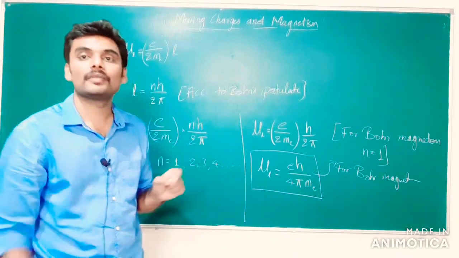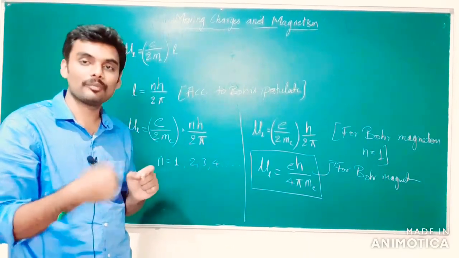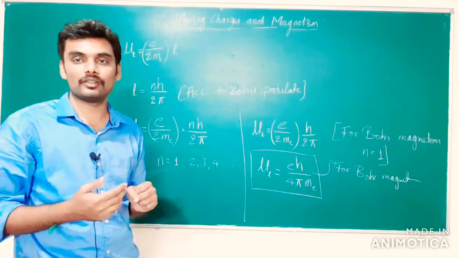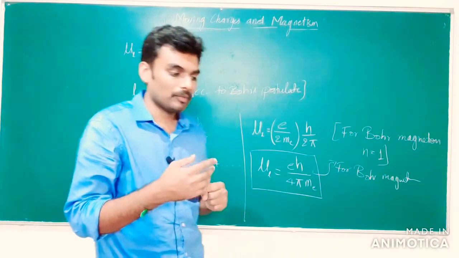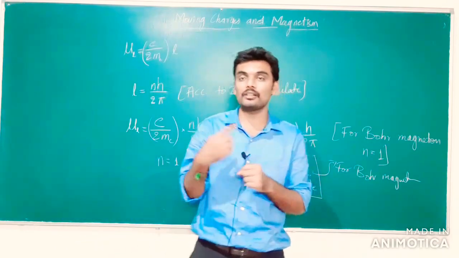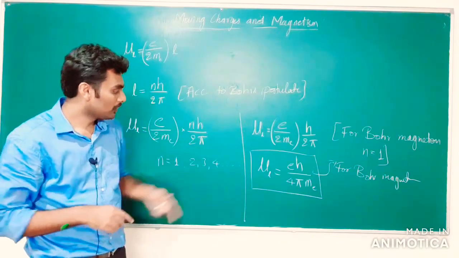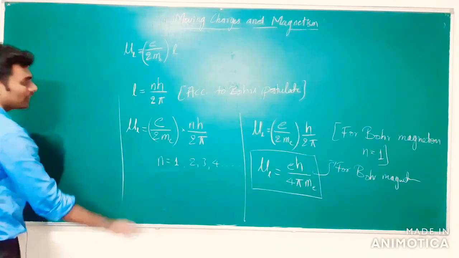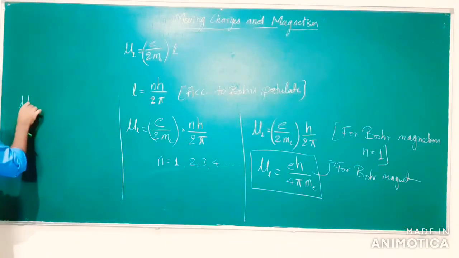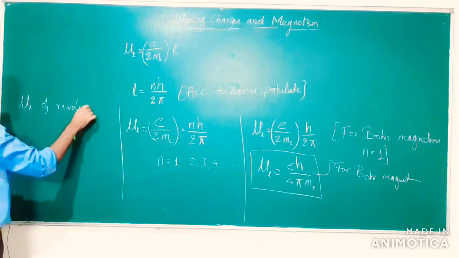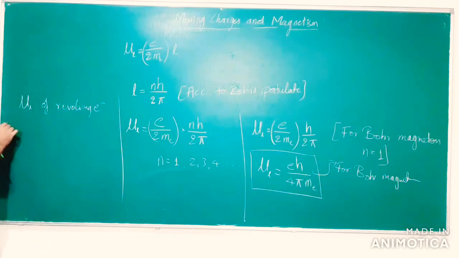Now in a hydrogen atom the orbital number can be anything. If you give certain energy to the electron, it will go to the higher energies, the next orbit. But particularly we have chosen n is equal to 1 for Bohr Magneton. So if I want to define Bohr Magneton, it is quite simple. Bohr Magneton is the magnetic dipole moment of a revolving electron in the first orbit of hydrogen atom, isn't it?